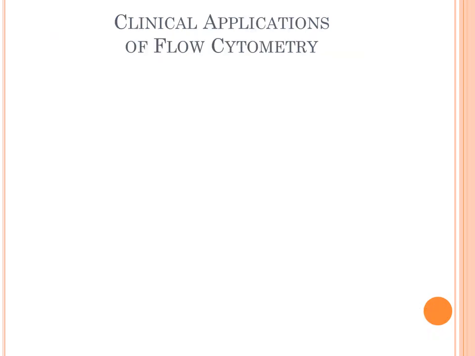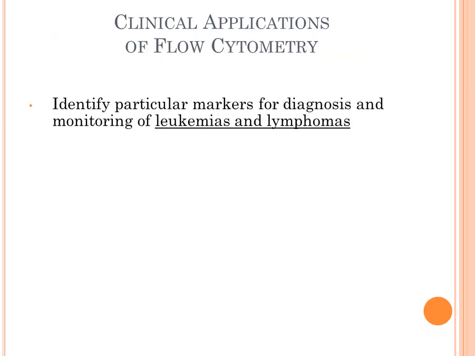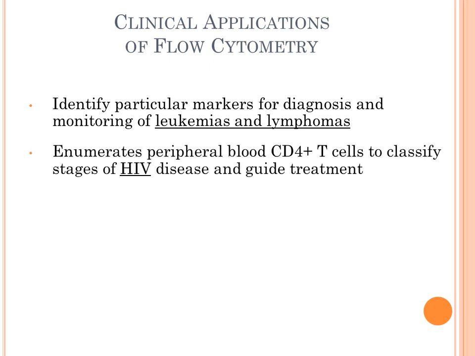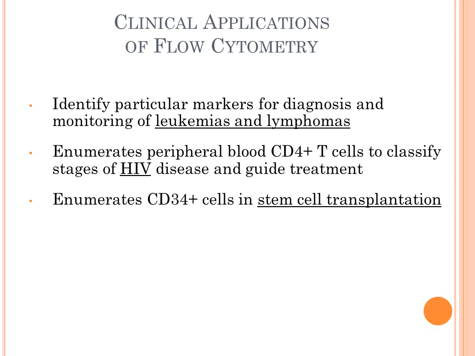The clinical applications for flow cytometry are many, including using particular CD markers for diagnosing and monitoring leukemia, lymphoma. We can use it to count CD4 T cells, which becomes very important in the diagnosis and the treatment of HIV.